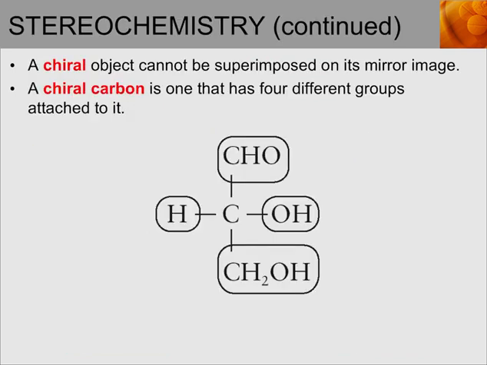So as we said before, a chiral object cannot be superimposed on its mirror image. So one really easy way to figure out if you have a chiral carbon, for example, is if it has 4 different groups bonded to it. So this is glyceraldehyde again. And this is actually D-glyceraldehyde because the OH group is on the right.